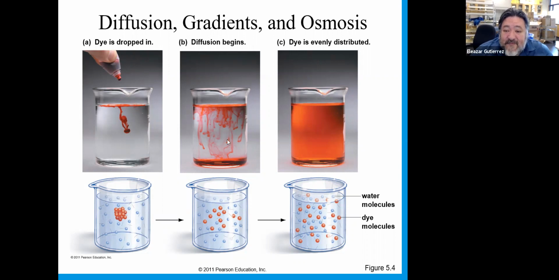So let's say, for the sake of argument, you had a membrane here. You would have molecules going one direction, and you'd have molecules going the opposite direction. But the concentration would be identical on both sides. Because the concentration is the same on both sides, thus equilibrium. However, because molecules are actually moving from one point to another, it is dynamic. And consequently, we have what's called dynamic equilibrium.